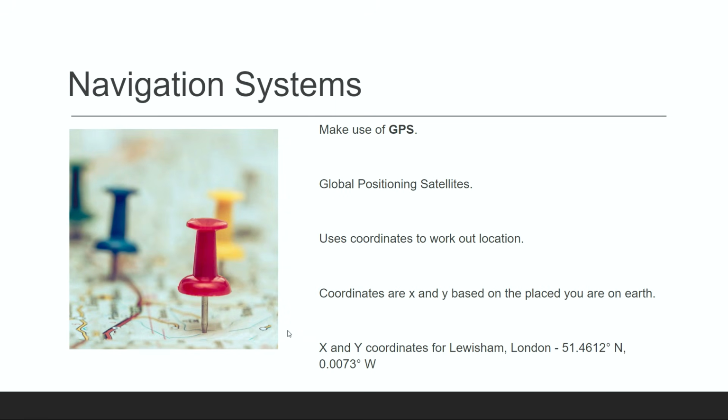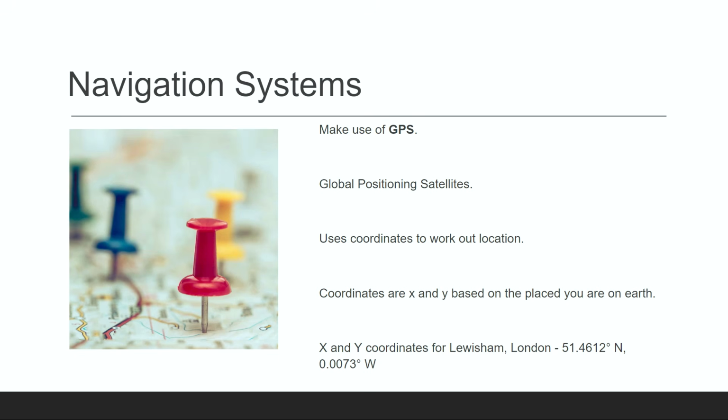Navigation systems make use of what's known as GPS, which stands for Global Positioning System. It uses coordinates to work out the location. So coordinates are X and Y based on the place you are on Earth. So X and Y axis come up all the time.